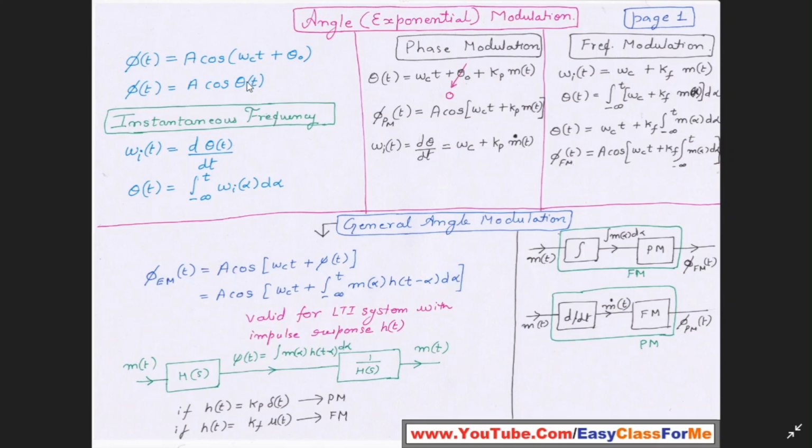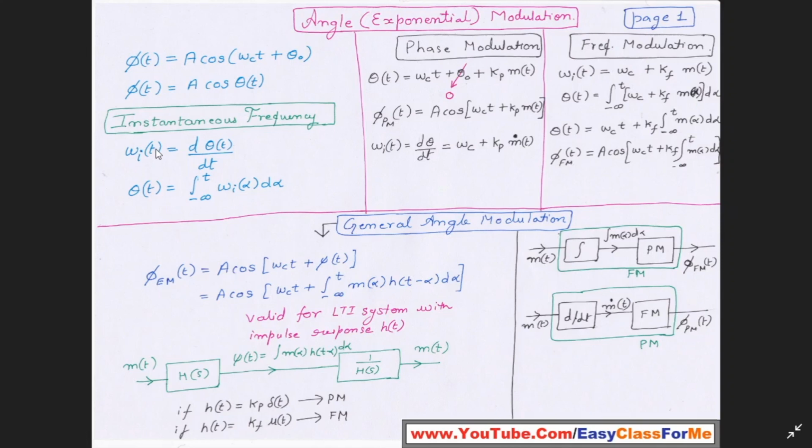For a general signal, the instantaneous frequency omega i t is defined as the derivative of this complete angle. It is the frequency at the instant t. You can substitute any value of t here, and you can get the value of frequency at that particular instant.